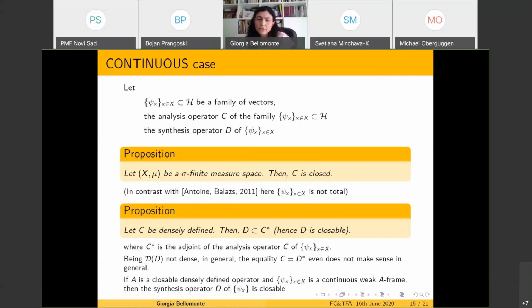I proved that if A is a closable densely defined operator, then the domain of the adjoint of A is contained in the domain of C, and so C is densely defined, and D is closable.